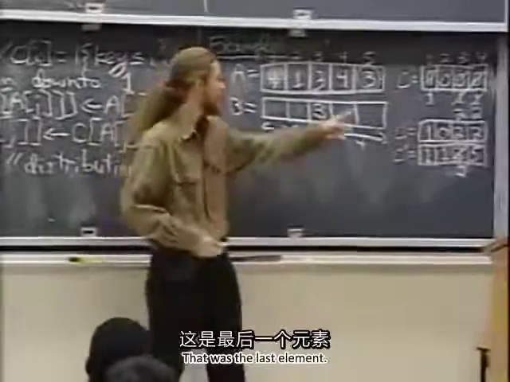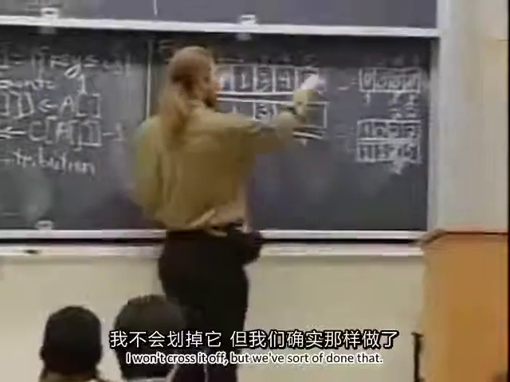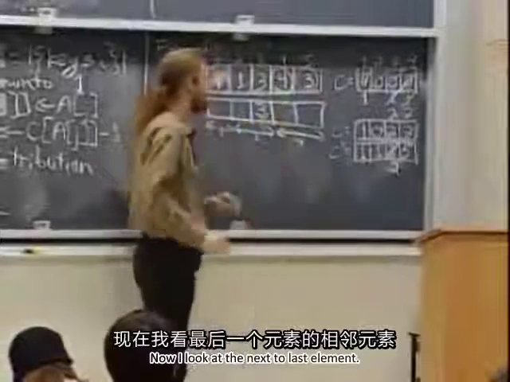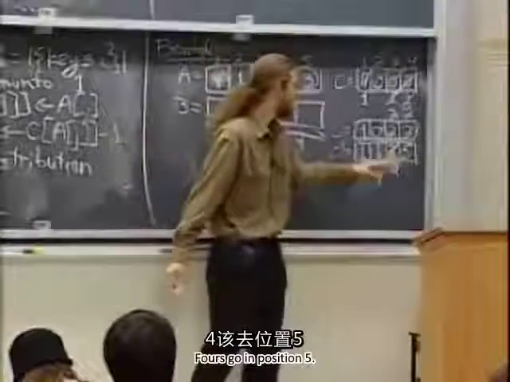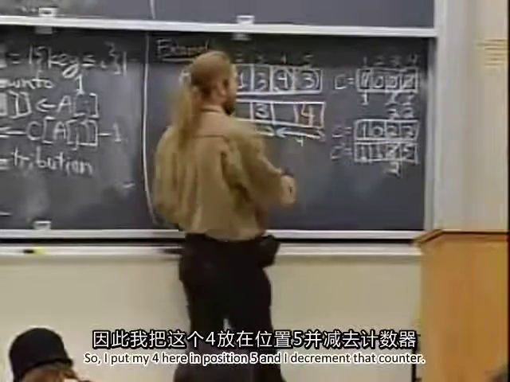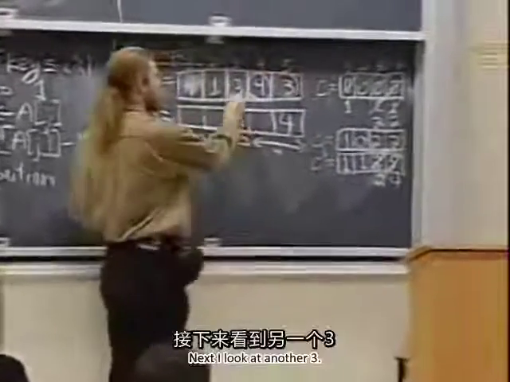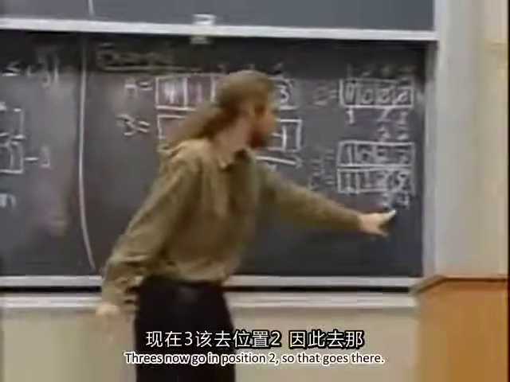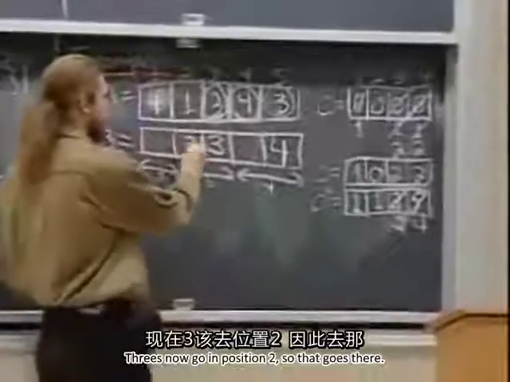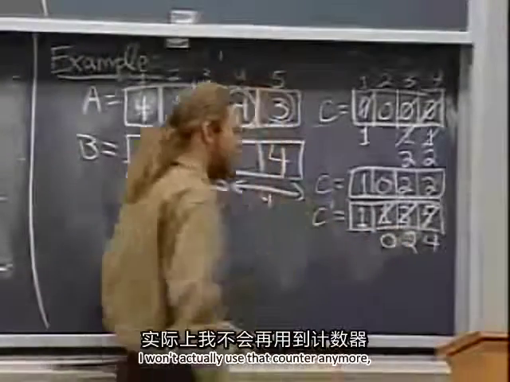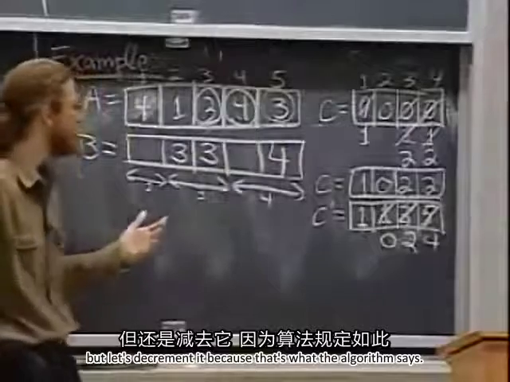So that was the last element, so I won't cross it off, but we've sort of done that. Now I look at the next to last element. That's a 4. 4s go in position 5, so I put my 4 here in position 5, and I decrement that counter. Next I look at another 3. 3s now go in position 2, so that goes here, and then I decrement that counter. I won't actually use that counter anymore, but let's decrement it because that's what the algorithm says.